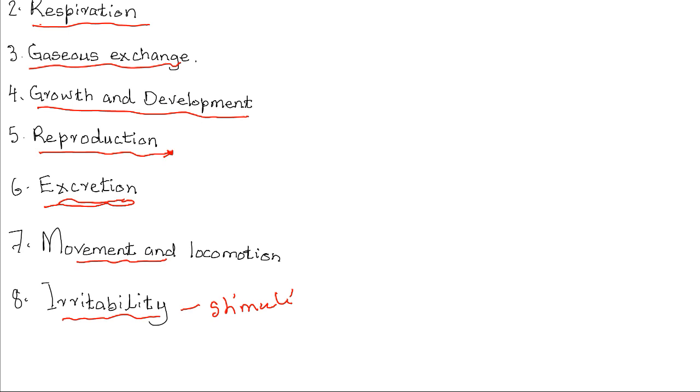That is irritability: the ability of an organism to detect stimuli and respond to them. For example, when removing your hand from a hot object, that is irritability. When plants grow toward a source of light, that is irritability. Non-living things do not respond to such changes, so it's only living organisms that show irritability.